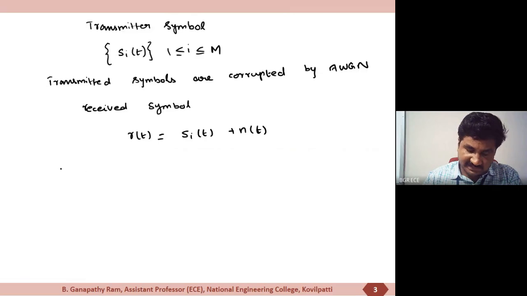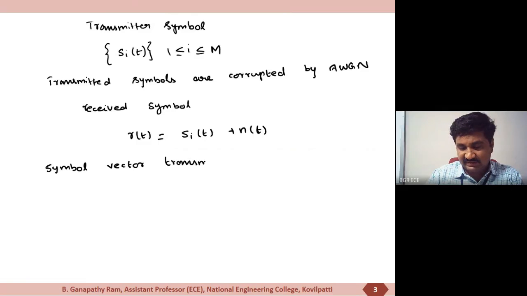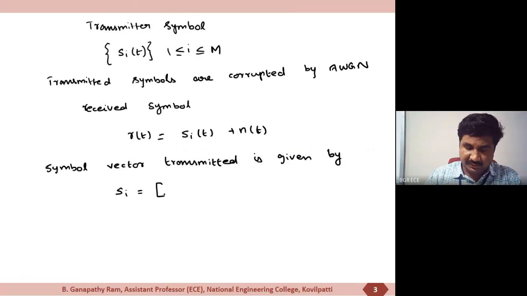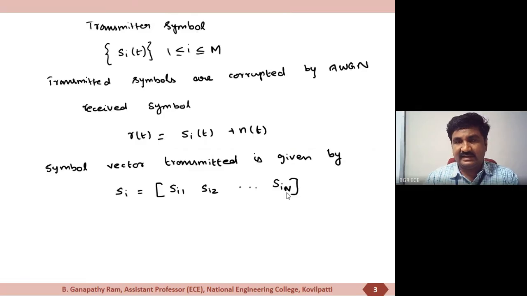So the transmitted symbol vector is given by Si is equal to Si1, Si2 up to Sin, and all these elements of the vector are corrupted by the additive white Gaussian noise.